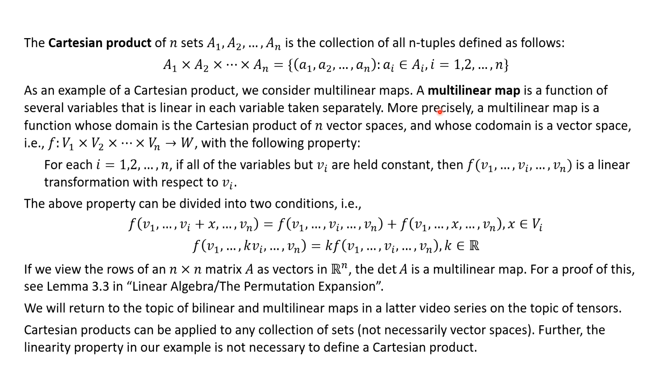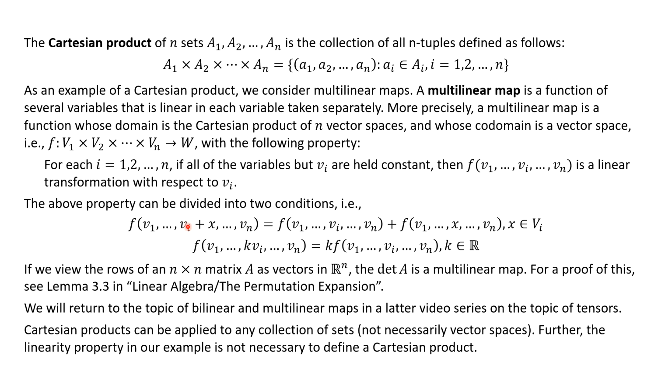Another example would be the multilinear maps. A multilinear map is a function of several variables that is linear in each variable taken separately. So here we have our function, and these are the Cartesian product of n vector spaces, then it gets mapped to one vector space. So if we hold everything constant except for one of these vector spaces, then we have a linear transformation, which is what I've written out here.